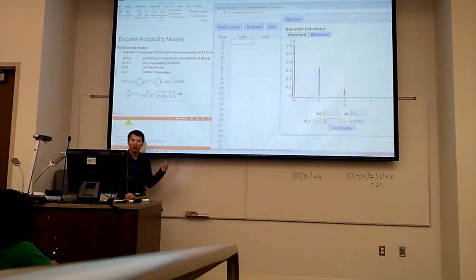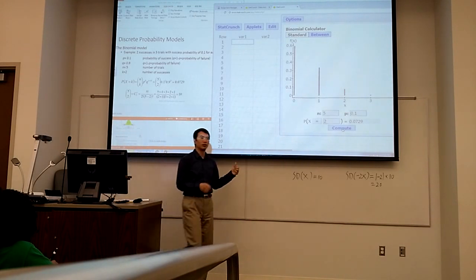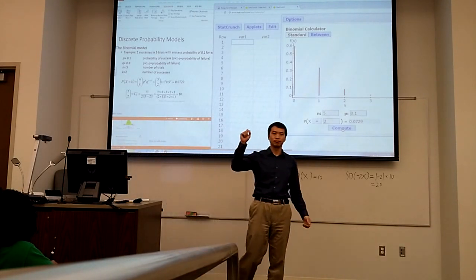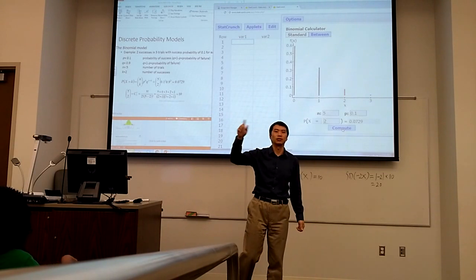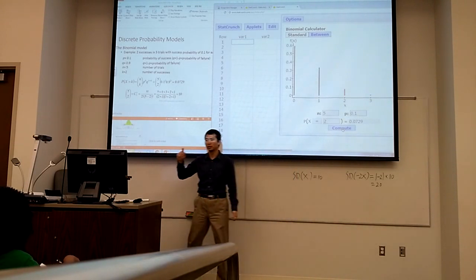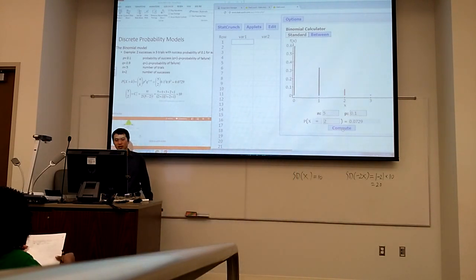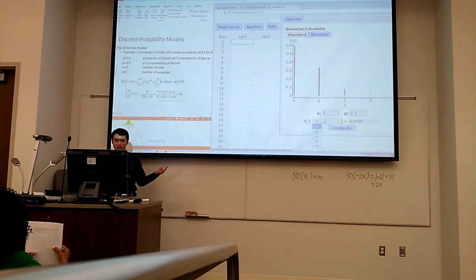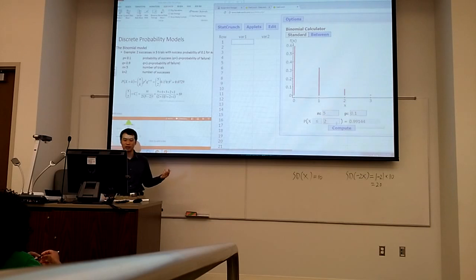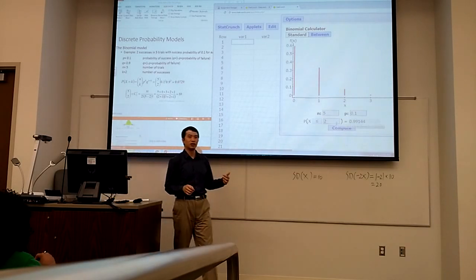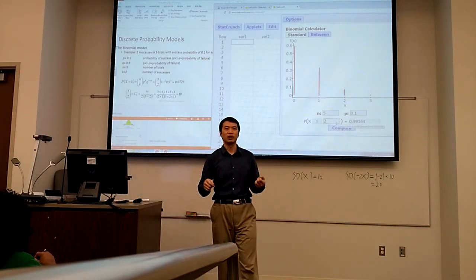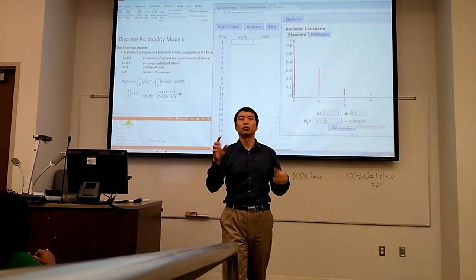So that's how we use this binomial calculator to find the probability that the number of successes is equal to a certain number. Or you can change this to less than or equal to. That gives us the probability of seeing 2 or 1 or 0 successes.